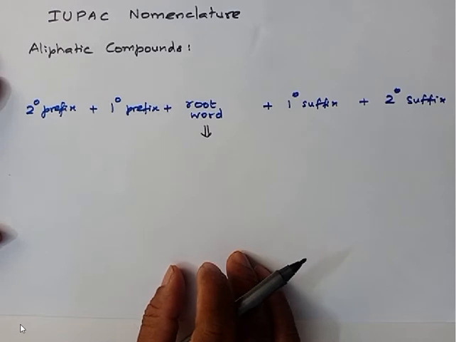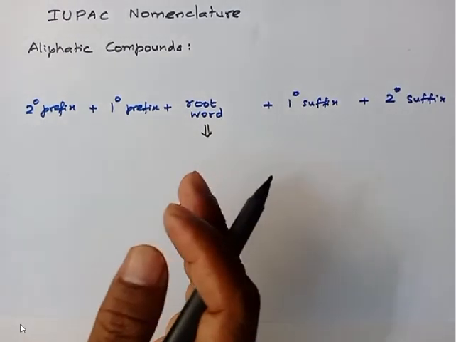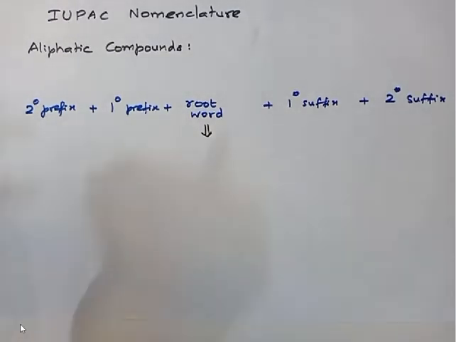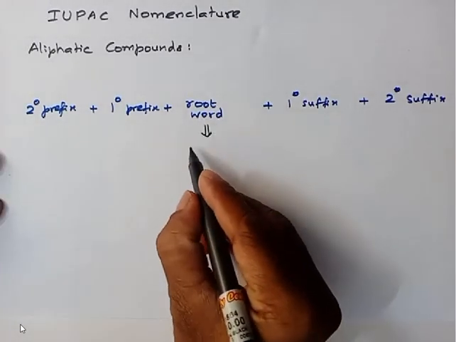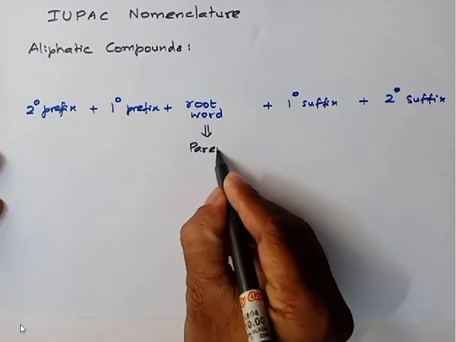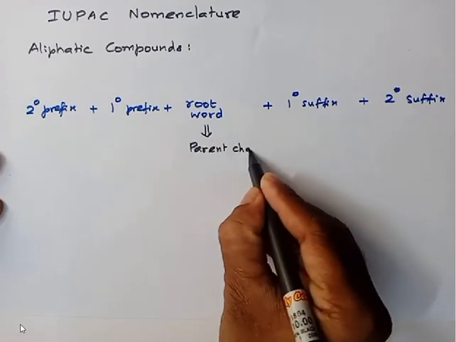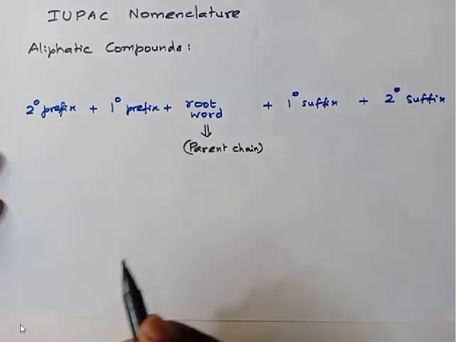You know very well, if an organic compound is given, we have to fix the parent chain. What is a parent chain? The parent chain is the longest carbon chain that is possible for the given compound. So the root word tells you about the parent chain, or the number of carbon atoms in it.